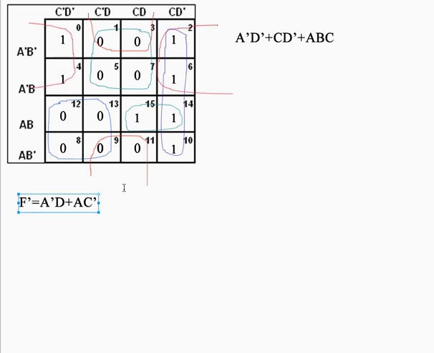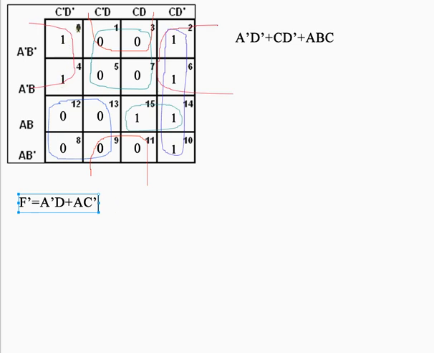And then I have the red group, which is these four, which is the intersection of the center two columns, which correspond to D, and the first and last row, the strip of the first and last row. Remember that the map wraps around, vertically as well as horizontally.